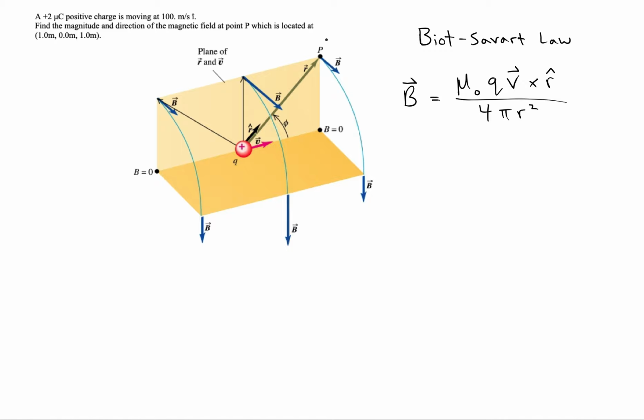All right, according to the coordinates given, the coordinates for P are 1, 0, 1. And we have our origin here. Let's go ahead and draw the coordinate system in this situation.